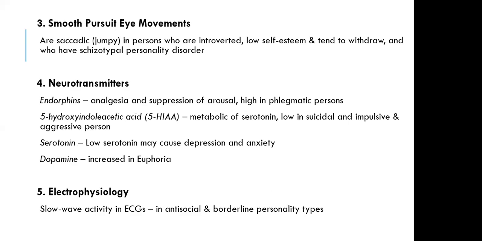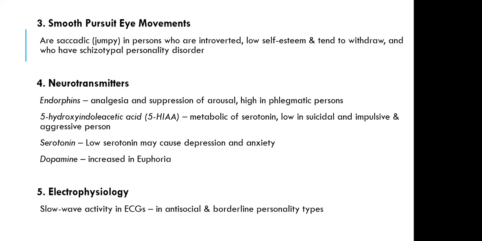Next is smooth pursuit eye movement. For this factor, it shows more of a role of inheritance, where the jumpy eye movement is associated with being introverted, low self-esteem, and a tendency to withdraw, and in those who have schizotypal personality disorder.